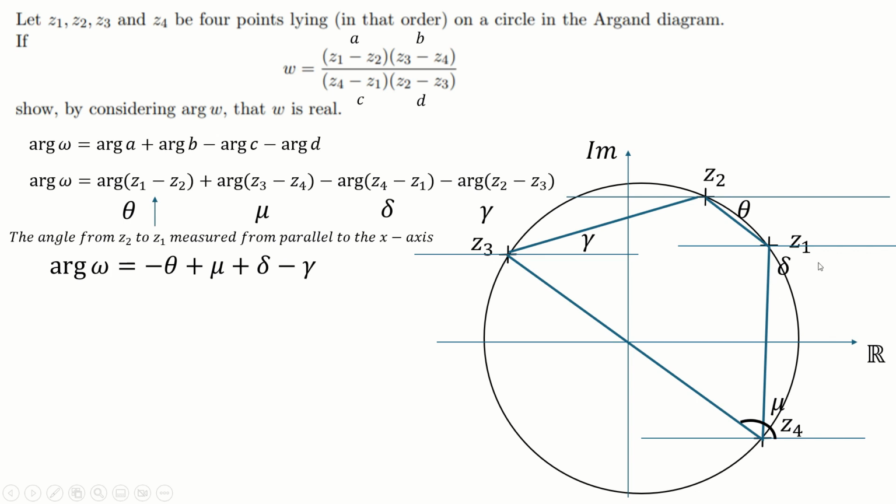So is delta, but delta is already taking away, so it becomes a positive, and mu. Sorry, that took me embarrassingly long to figure out what I'd done there. Anyway, some of these arguments cancel and become negative, and then become positive again. So that's all cool. We're trying to show that this is either 0 or pi for W, or omega, to be real.